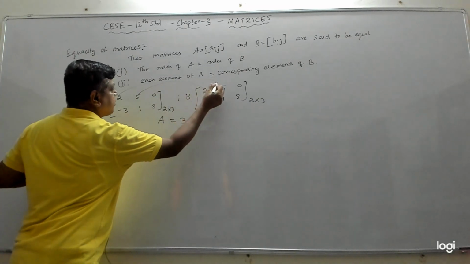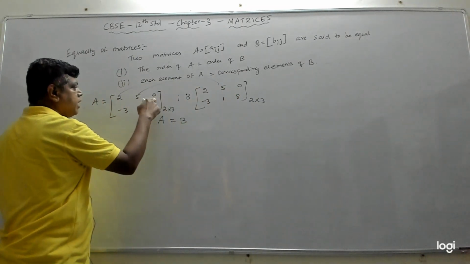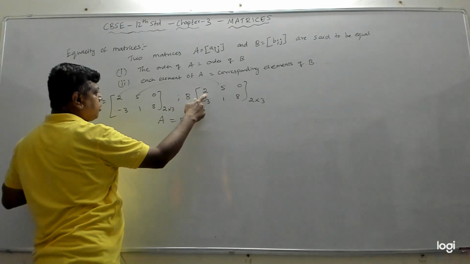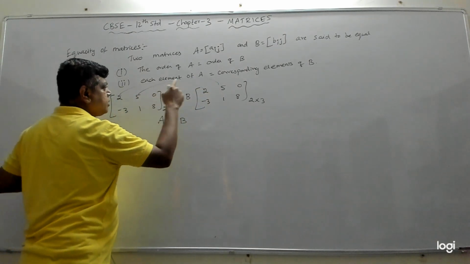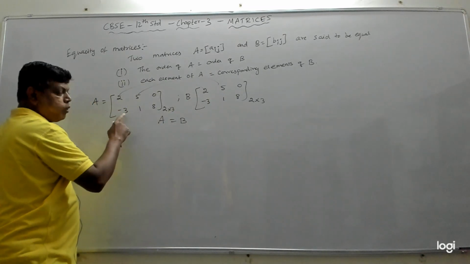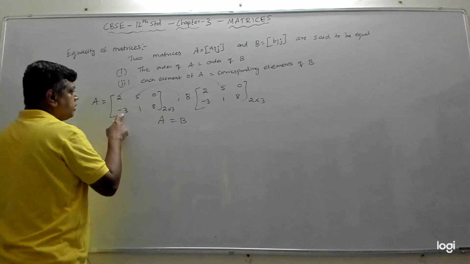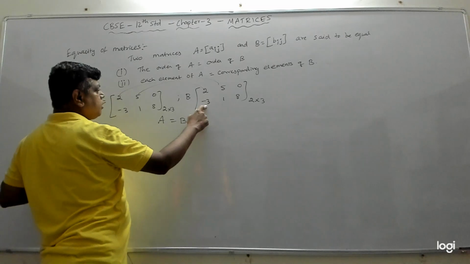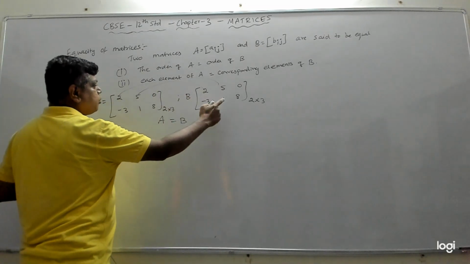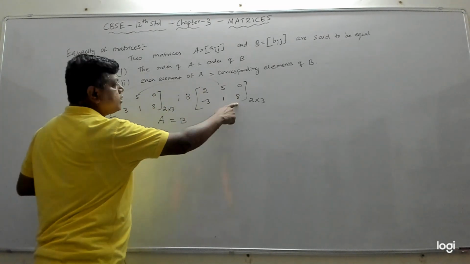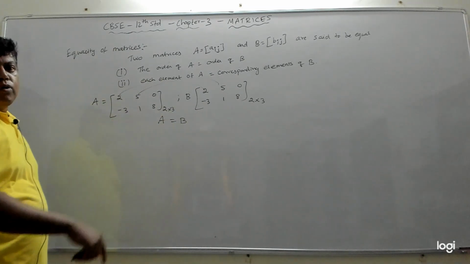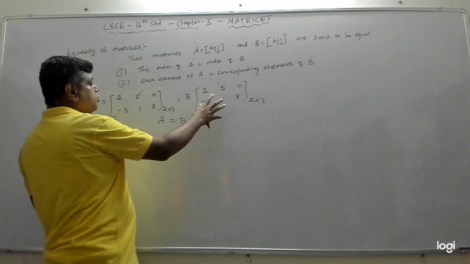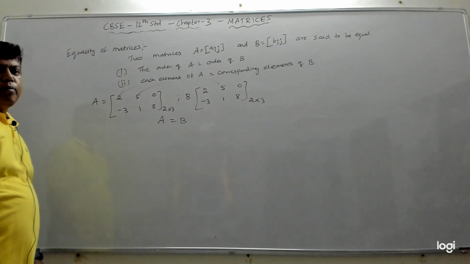A12 is 5, A12 is 5. A13 is 0, A13 is 0. Similarly, A21, second row, first column, is minus 3, and here it is also minus 3. A22 is 1, A23 is 8. So the order is the same and each element of A is equal to the corresponding element of B. So you call these two matrices equal matrices.